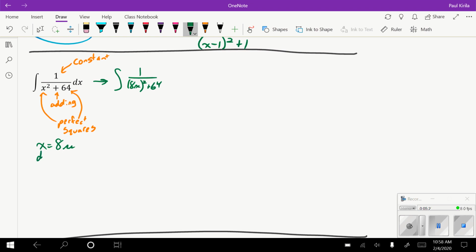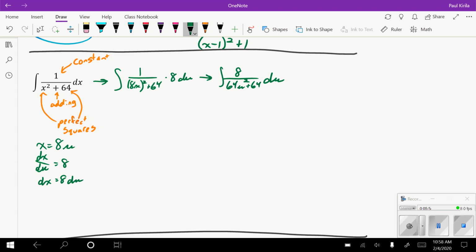Now here, I can take the derivative of x with respect to u, which would be 8. So dx is equal to 8 du, so times 8 du. Simplifying this, I have the integral of 8 over 64u squared plus 64 du.